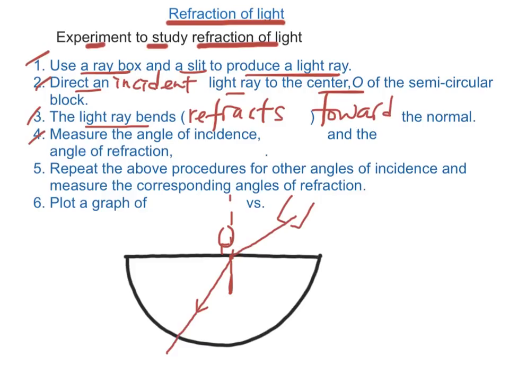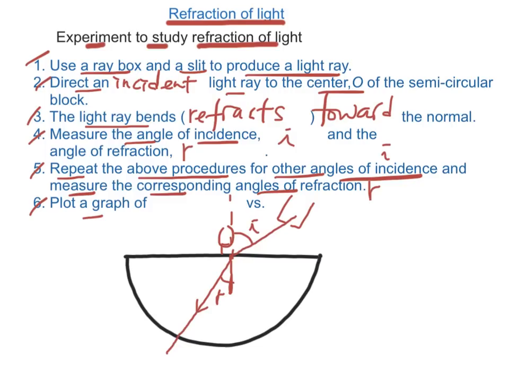Next, measure the angle of incidence I and the angle of refraction R. Next, repeat the above procedures for other angles of incidence I and measure the corresponding angle of refraction R. Finally, plot a graph of sin I versus sin R.